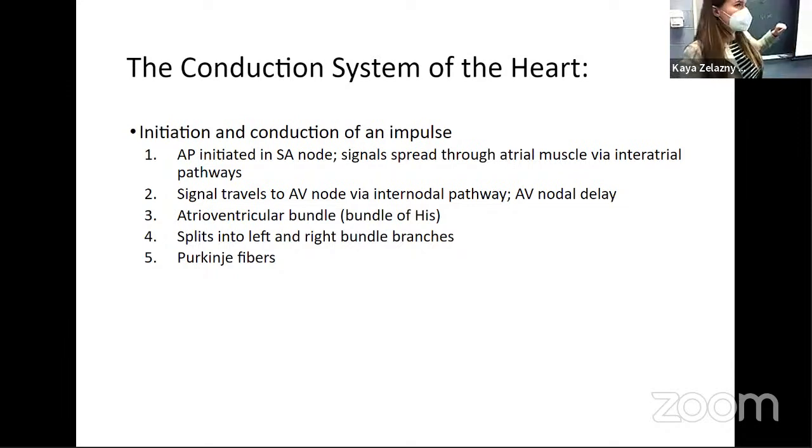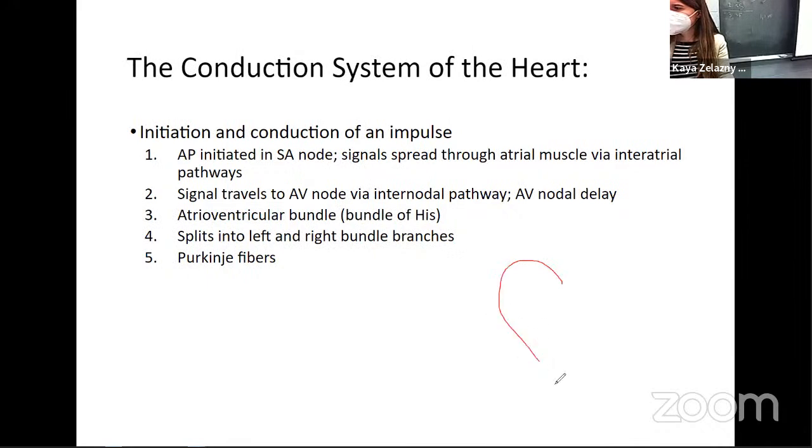So our action potential is generated by these pacemaker cells in the SA node, the fastest of our pacemaker cells. And they're going to be spreading signal through the interatrial pathways into the atrial muscle and to the AV node. Okay. So I'm going to quick draw us a heart. All right.